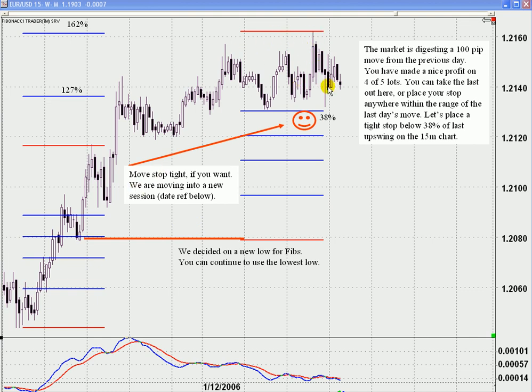And if price now comes down and penetrates the 38% retracement, then we are out of the remaining percentage of our position. It's very risky putting your stop this close. You could have a trailing stop below the 62, or you could have it well below, as I've already mentioned.